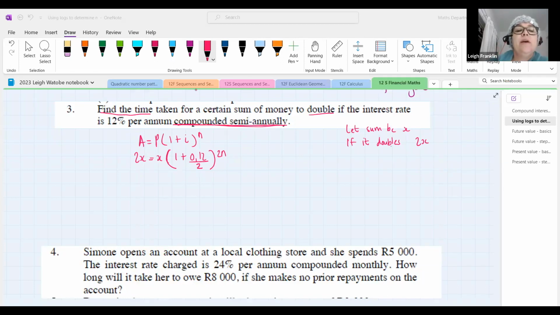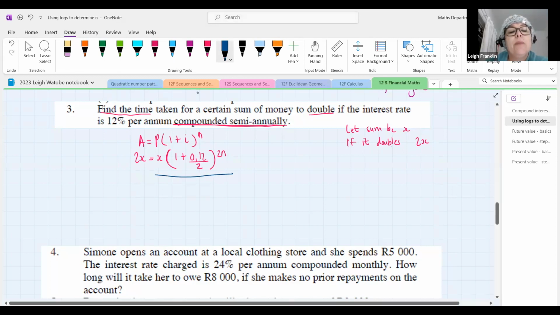Okay, so be very careful, everybody. Read properly. Don't do what I did. Okay, semi-annually. You guys are correct. We were talking about what happens when we divide both sides by x. We're left with 2 because x divided by x is 1. So we end up with 2 equal to our base.